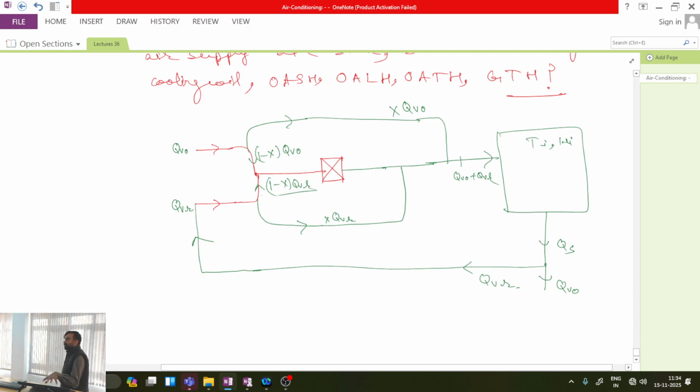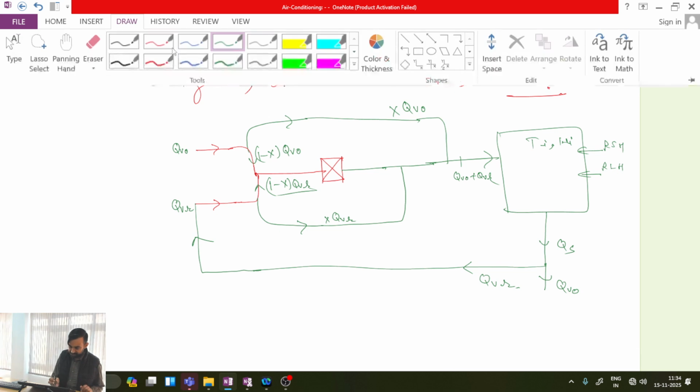So if you recall, this is something which I have drawn earlier. Now quickly let me explain one or two things so that you can understand the question well.